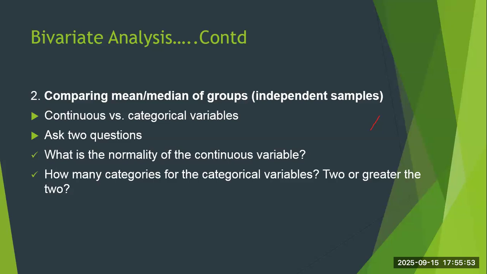Or for those in pediatrics, you have those with sickle cell in crisis, in steady state, and people without sickle cell. That's three groups, not two. So ask yourself, is the categorical variable two or more than two? Then the continuous variable, is it normally distributed or not? Can you still hear me?